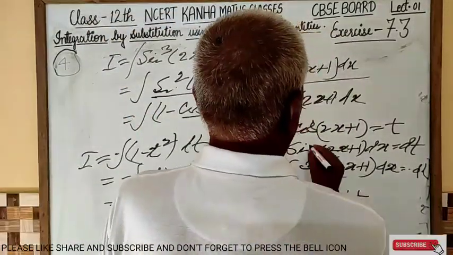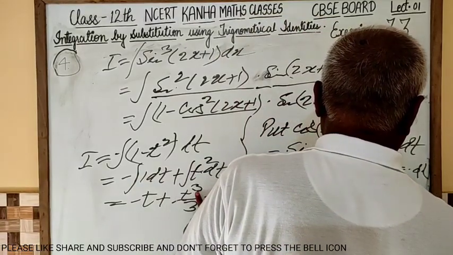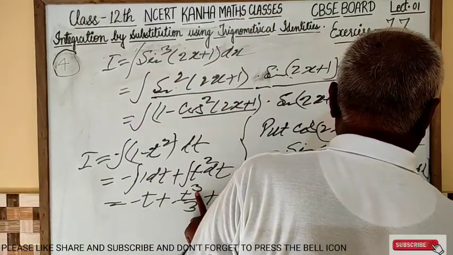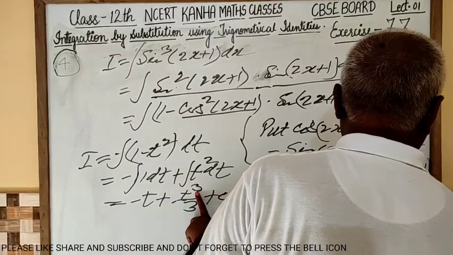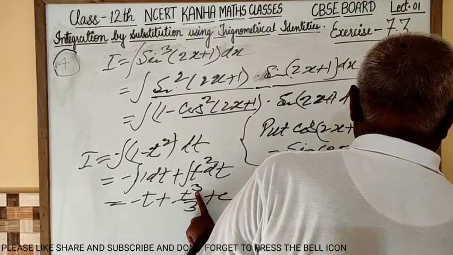T cube means cos cube (2x plus 1), plus c.